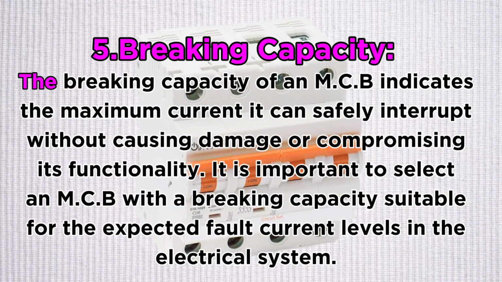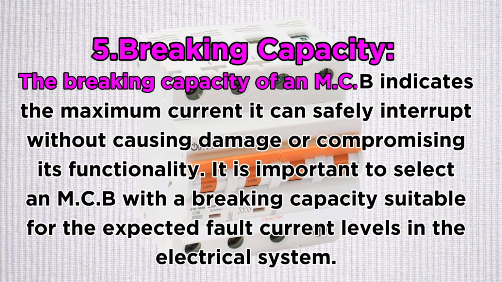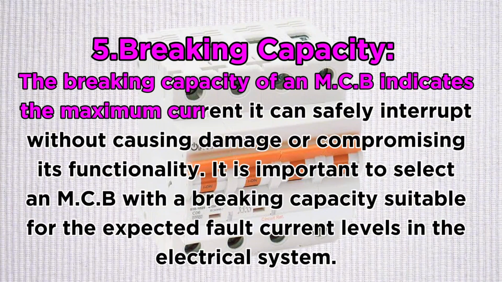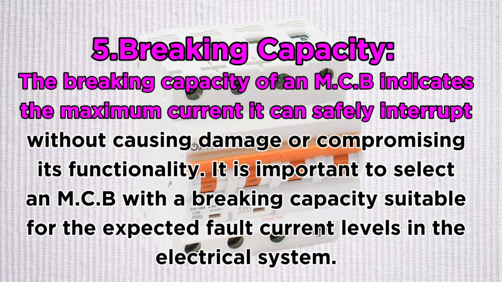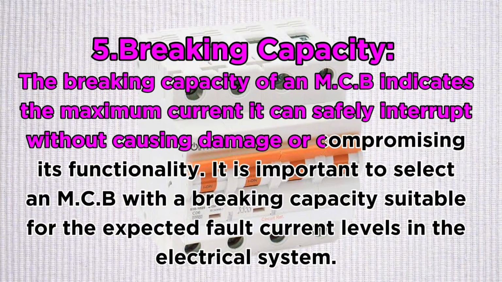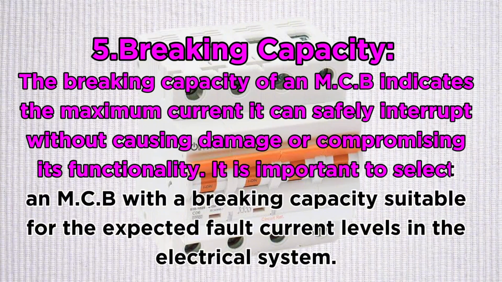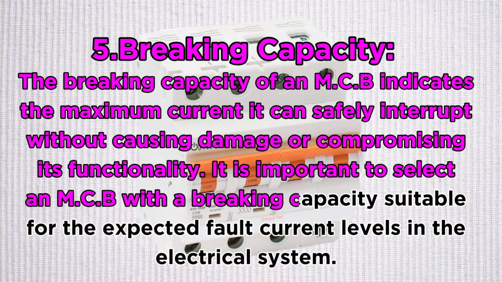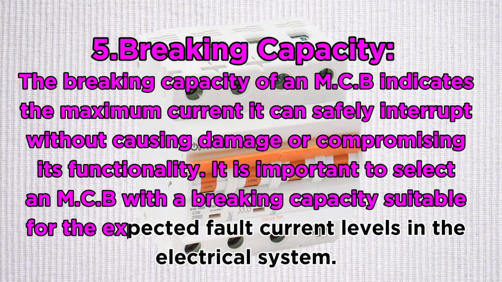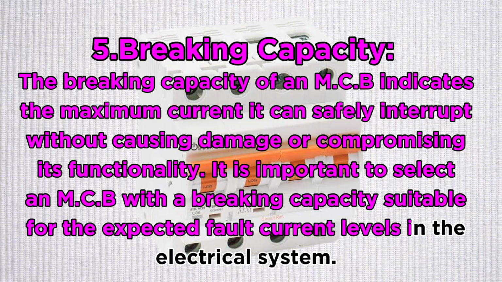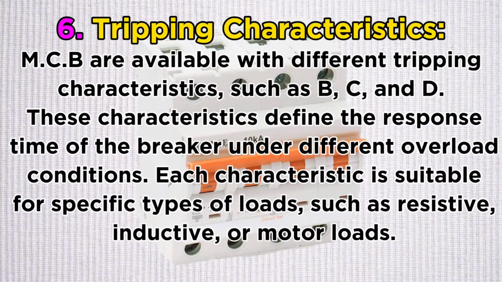5. Breaking capacity. The breaking capacity of an MCB indicates the maximum current it can safely interrupt without causing damage or compromising its functionality. It is important to select an MCB with a breaking capacity suitable for the expected fault current levels in the electrical system. 6.